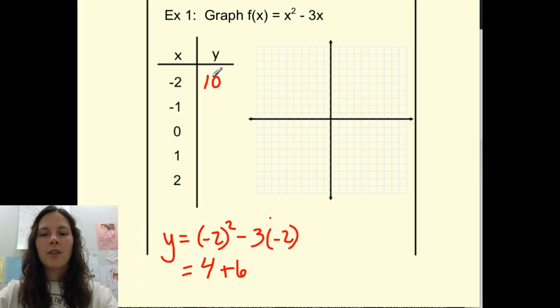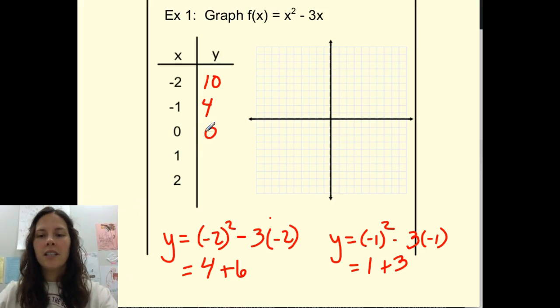Doing the same thing with our -1, substituting that in, squaring it, -3 times -1. We get 1 squared plus 3, or 4. When we put 0 into the function, 0 squared minus 0 is still 0.